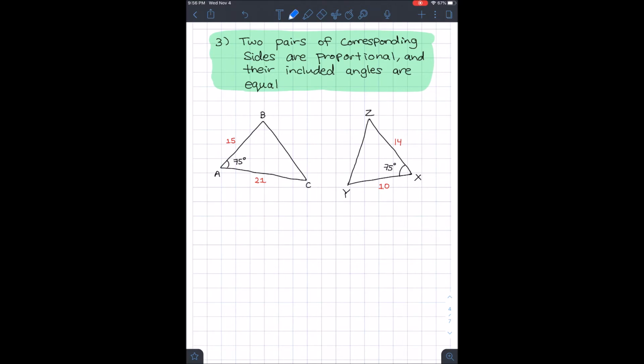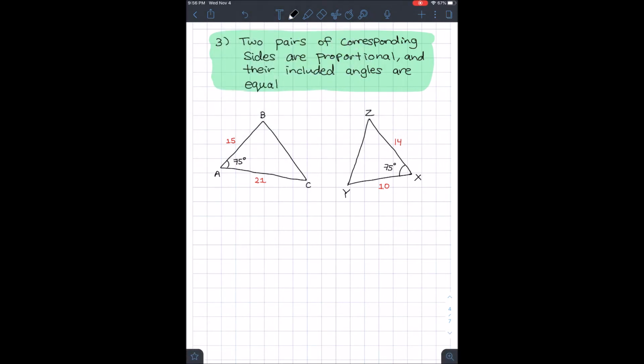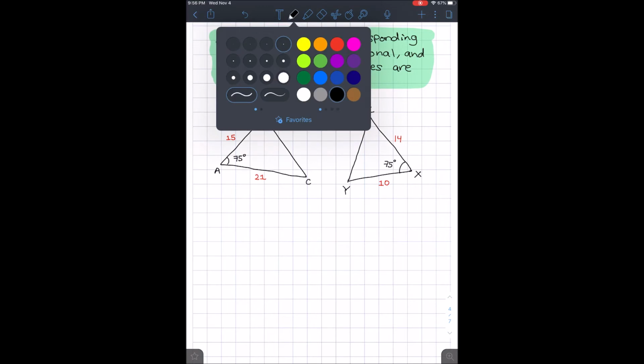Okay, now let's try to prove this condition for the two triangles shown here. First, we can tell already that the angles, or the included angles for both triangles, are 75 degrees.